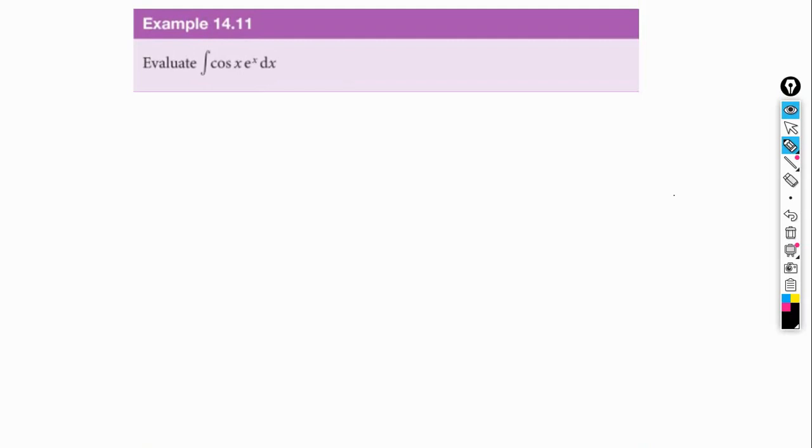Okay, so now we're going to do example 14.11 where it says evaluate the integral of cosine of x times e to the x dx. So here we're going to make u equal to e to the x, and then the derivative of u will simply be e^x dx. And then we'll say that the derivative of v is cosine of x dx. Therefore, v, the integration of this, is simply going to be sine of x.